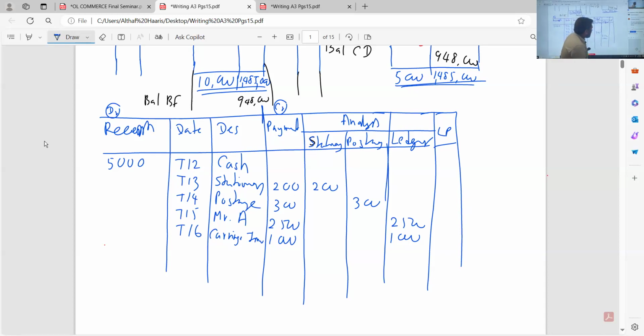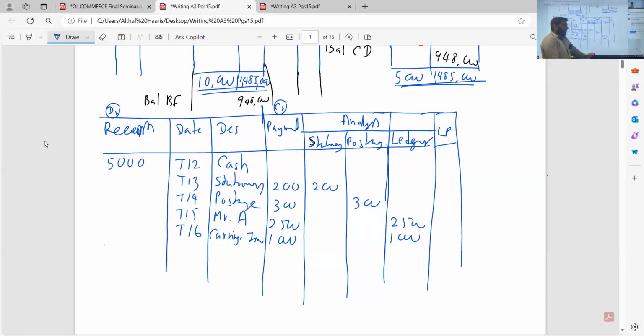Sir, when limiting for 4 columns, what column should I use? Okay. So normally in your exam, Zaharullah, they will tell what columns you have to take. If they are not telling, you always make sure to have the sundry column. Sundry column is a must under the analysis.